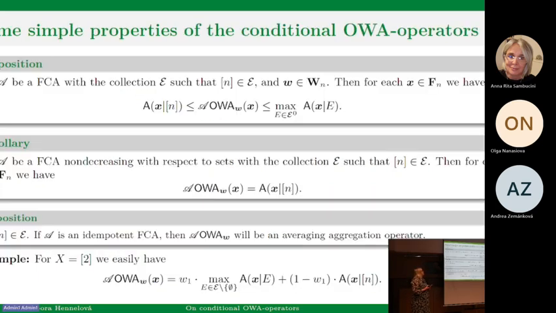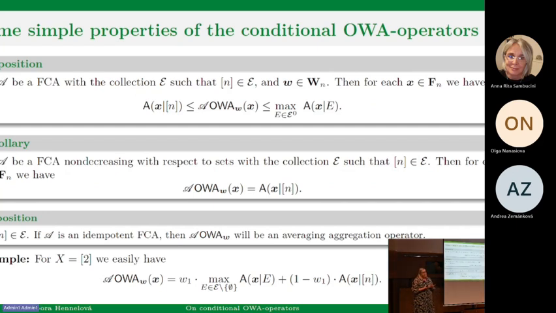Furthermore, we present some simple properties of the conditional over operator. The first proposition tells that the value of the conditional over operator lies between the conditional aggregation operator on the basic set and the maximum over set E of the conditional aggregation operator.